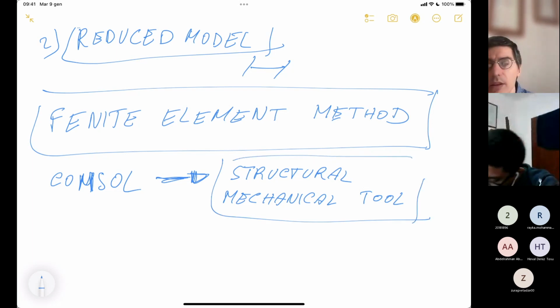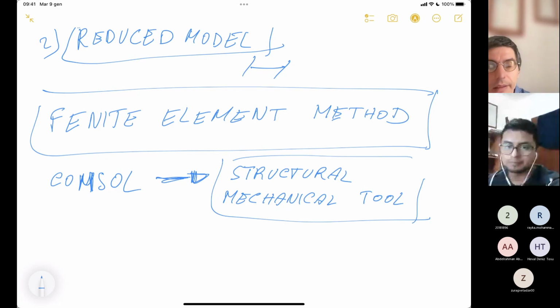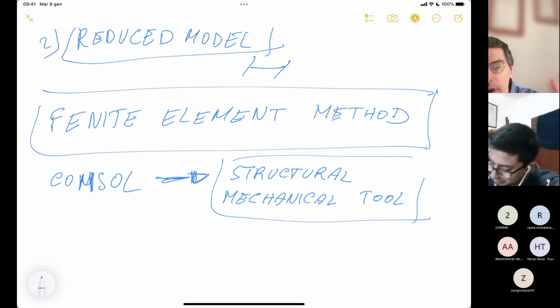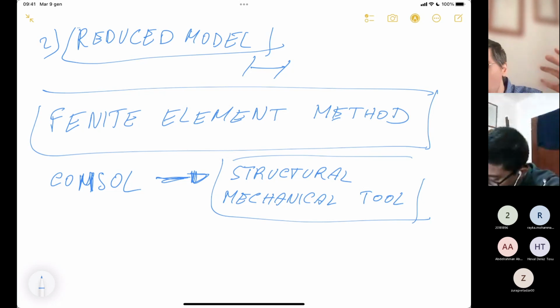So all the models that we will obtain in our course are already implemented in COMSOL. And so you have just to use COMSOL as a user. You have just to know what kind of input COMSOL needs in order to get the results.